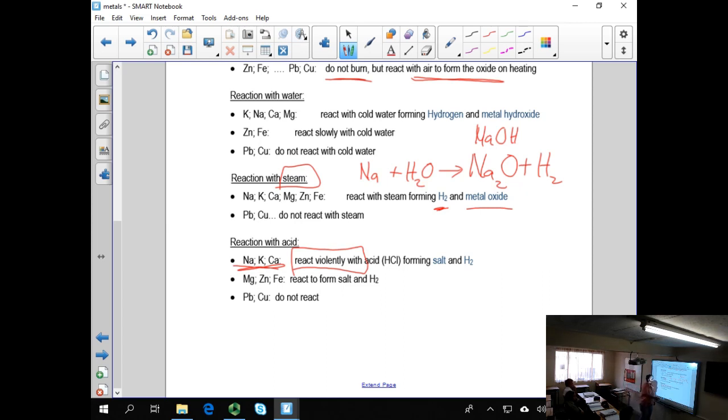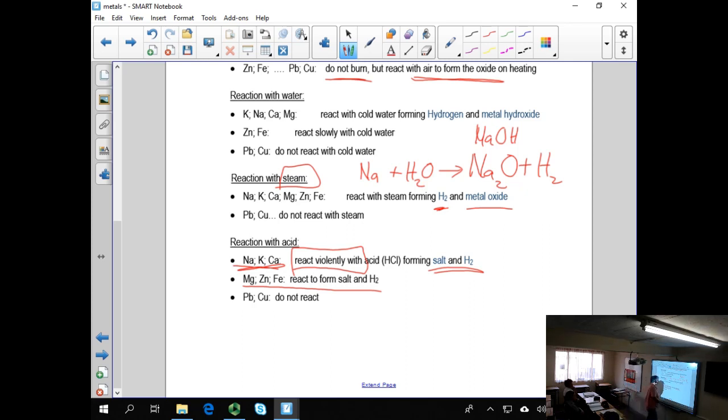The products will also be a salt and hydrogen gas. By the way, how do we test for hydrogen? A burning splint makes a blue flame and a popping or whistling sound. Magnesium, zinc, and iron react fairly decently with an acid, fairly controlled in a container. It will bubble, the container will become hot, and it will form the salt plus hydrogen.